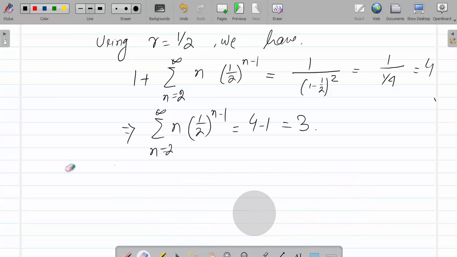So using this result, we can get mu11 equal to 3. So this is finite.